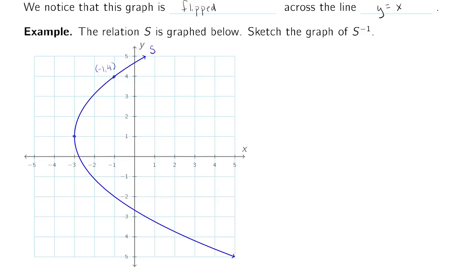We have -3, 1. We have -1, -2. And then looking along here, I think we also have a nice point down at 5, -5. So to get the points on the inverse, we'll just reverse the coordinates.